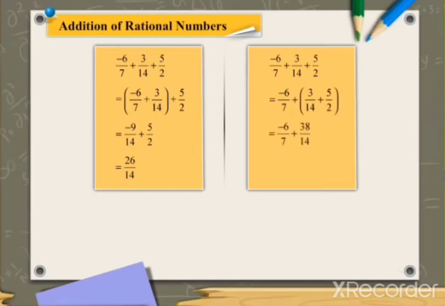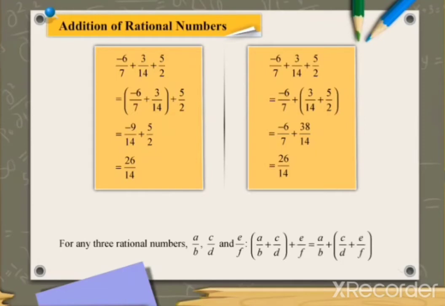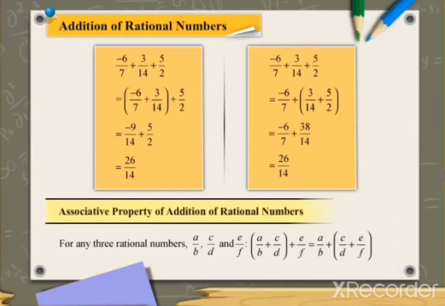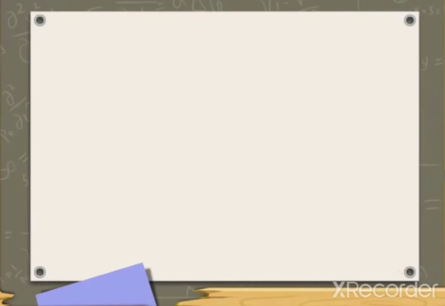This is equal to 38 upon 14. On adding minus 6 upon 7 and 38 upon 14, we again get 26 upon 14. This means that if we group three rational numbers in any order while adding, we get the same sum. This is called the associative property of addition of rational numbers.